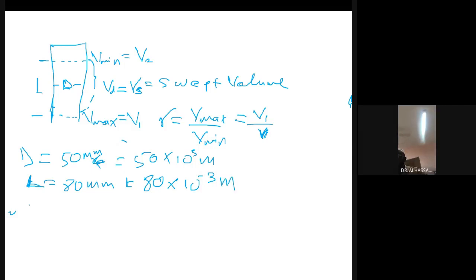Now the minimum volume, V minimum, equals VC. That's the clearance volume.